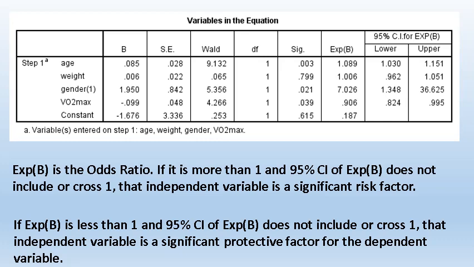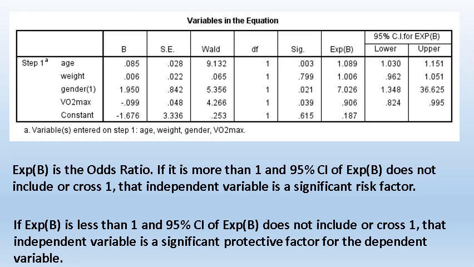Now we can check for weight. For each unit increase in weight, maybe each 1 kilogram increase, exponential B increases by 1.006 or odds ratio increases by 1.006.